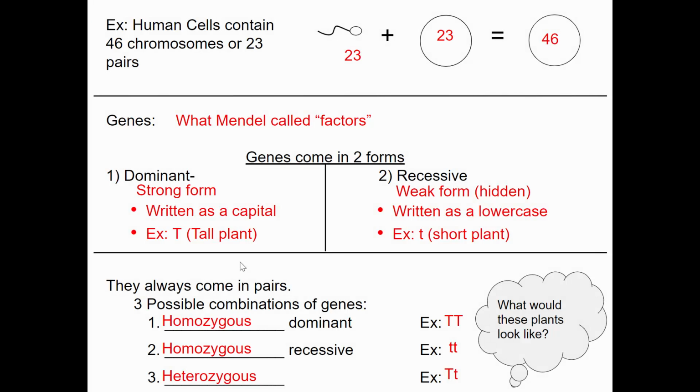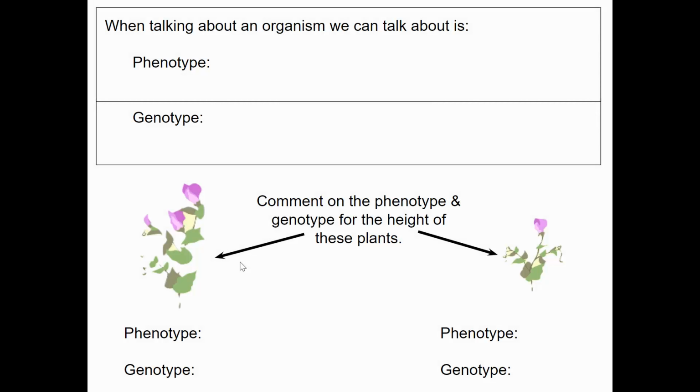All right, so a couple other terms that are important. When we are looking at an organism, we can talk about its phenotype or its genotype. Phenotype is its sort of physical appearance.